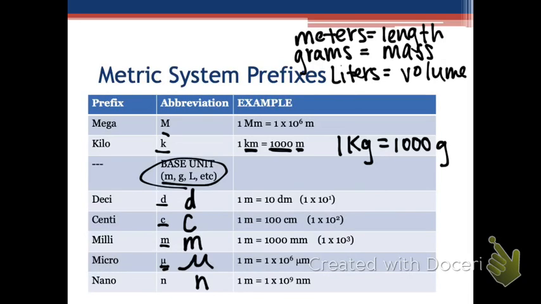So how much space is it taking up? That's what volume is. How much space does it take up? Okay, tell me that you're familiar with these 3 types of measurements. Yes or no? Okay, if you know what I'm talking about when I talk about these 3, give me a thumbs up.